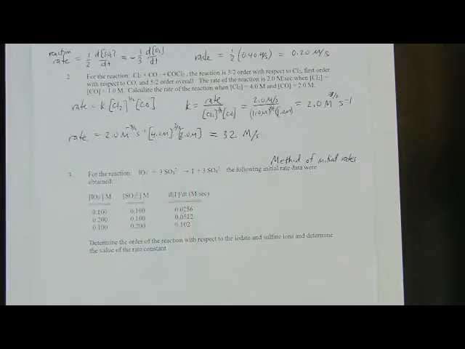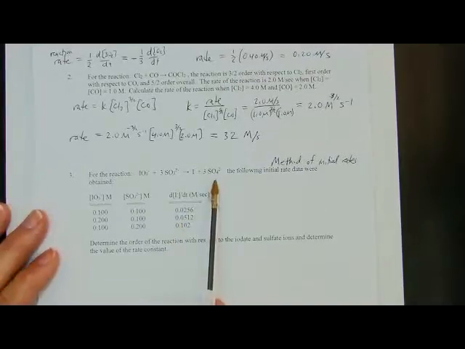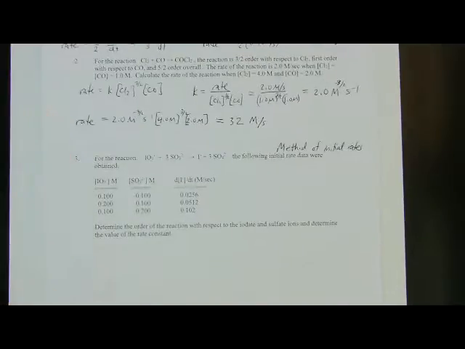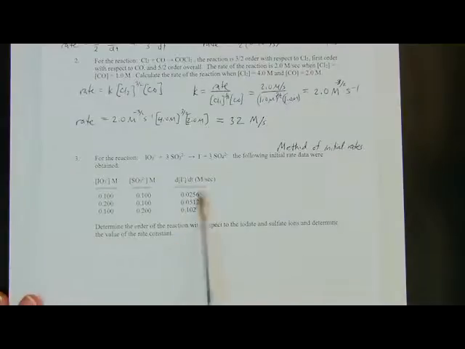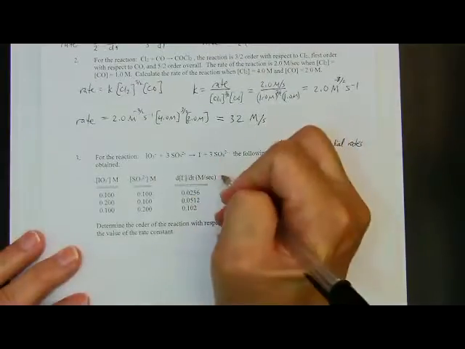If this had said iodate, these numbers would all be negative, and I would have had to change them to positives. If this had been in terms of sulfate, I would have had to divide by 3 because of that 3. But for now, in this problem, that does represent the rate.